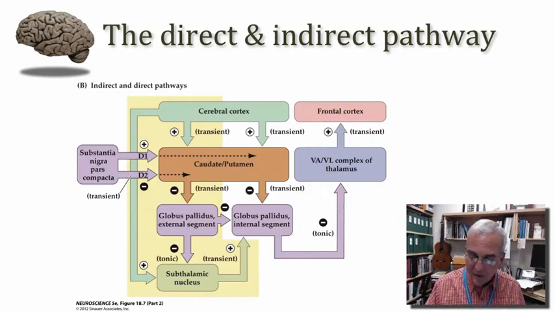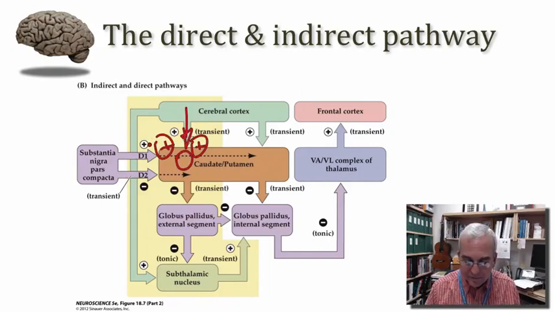So let's focus now on the indirect pathway. So the indirect pathway again is here on the left side of the figure. We imagine that there are some striatal cells that are being driven to fire action potentials by input from the cortex. Those striatal cells send inhibitory projections to the external segment of the globus pallidus.